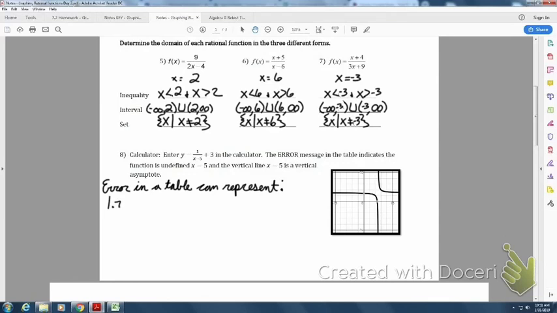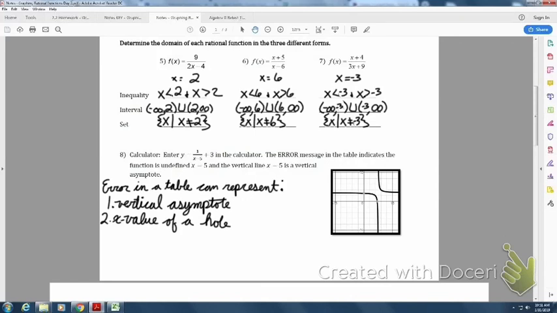Obviously, it can represent the vertical asymptote, which is what this one would be. Or it could be the x value of a hole, which we will talk about next class.